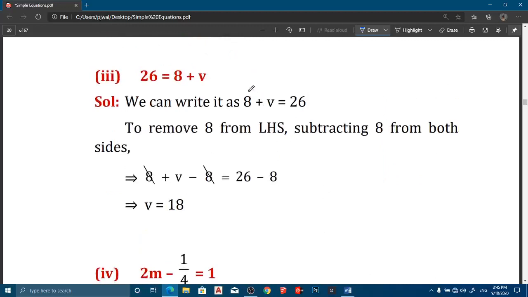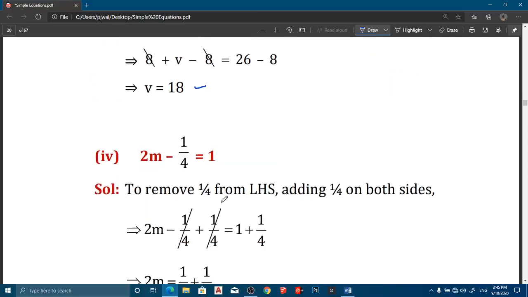So we have to remove 8 from the left side. This is plus 8. To remove this plus 8, we have to subtract 8 from both sides. So plus 8 minus 8 gets cancelled here. 26 minus 8 is equal to 18. Now I will get b is equal to 18 as the answer.